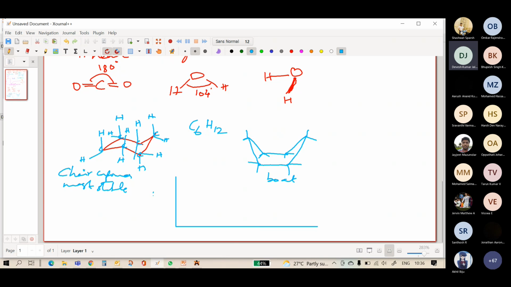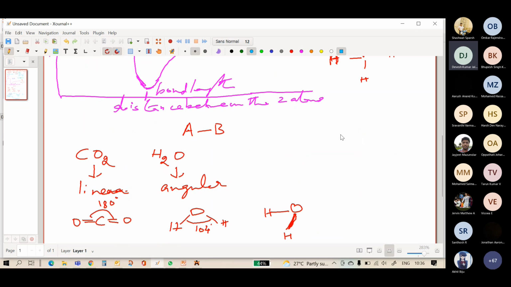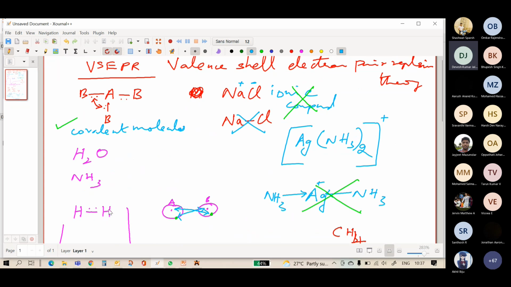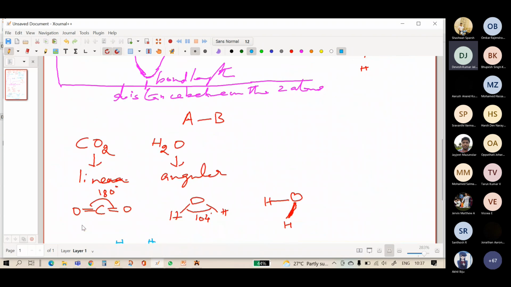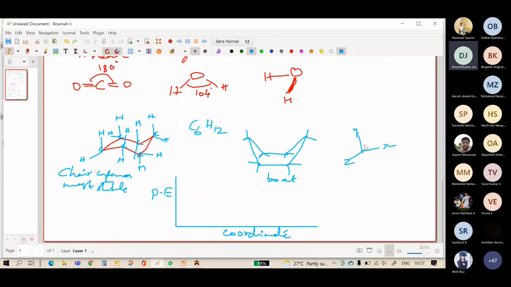When you draw the potential energy with respect to the coordinate system, in this case I am bringing in the coordinate system with x, y, z axes because it's a 3-dimensional molecule. Unlike your hydrogen molecule, which is extremely simple, here the picture is complicated, on 2 counts.